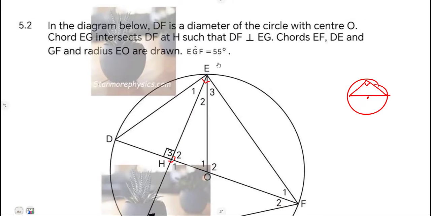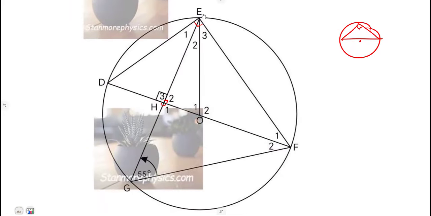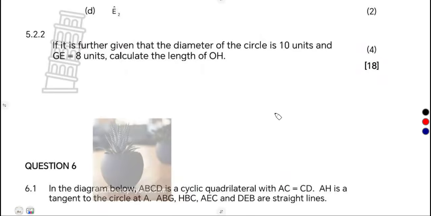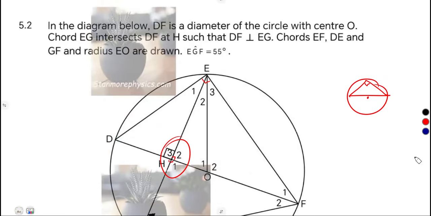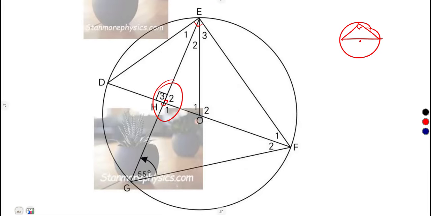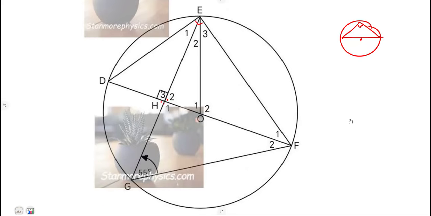Angle EGF is 55. That's the only angle that we are given, and the 90 degrees that we had before. So with this information, we are going to try and answer our questions.